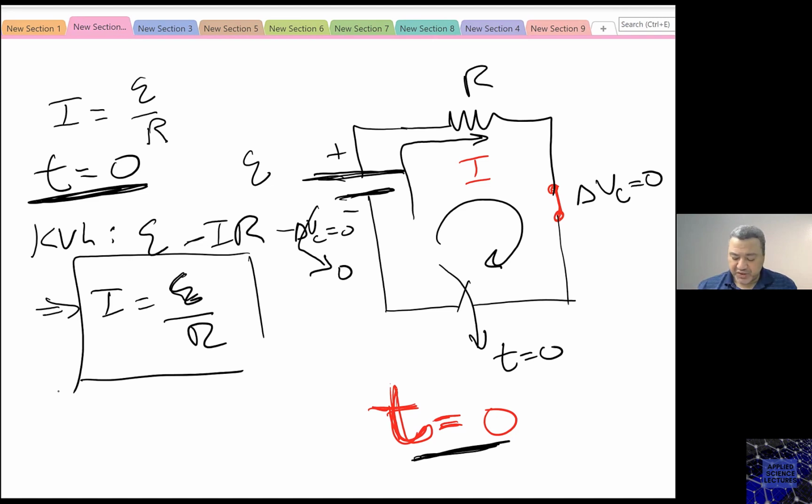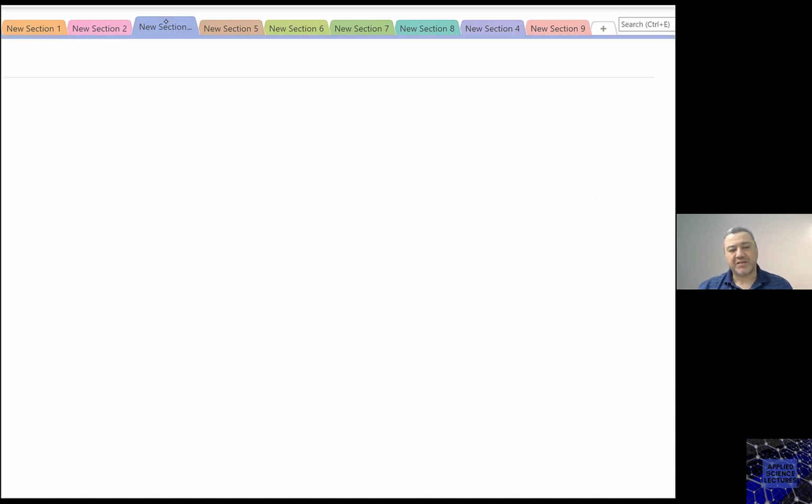Now this is when the capacitor was fully discharged, and then I put it in a circuit. Now what happens if this capacitor was left for a long time? So let's look at this case.